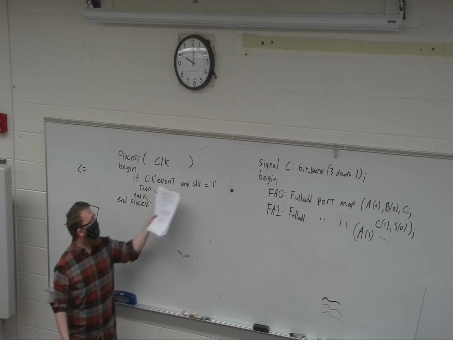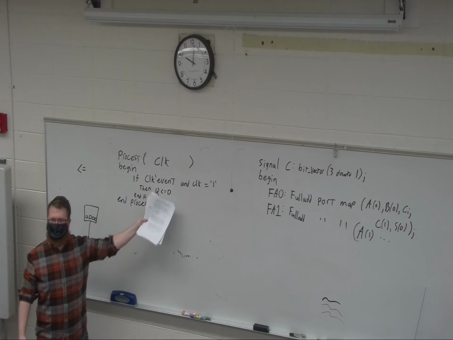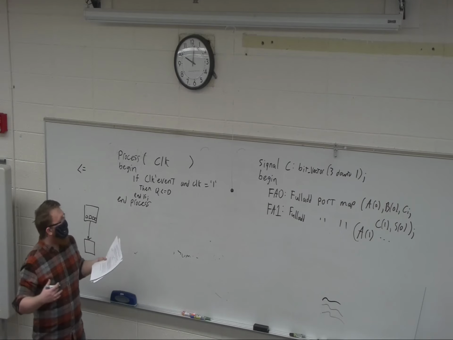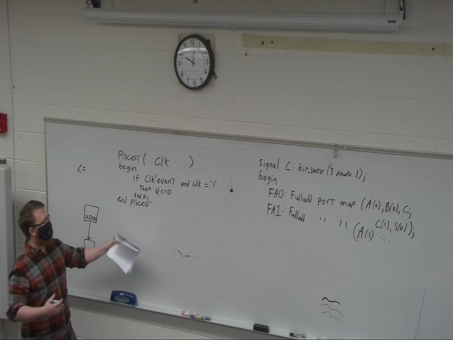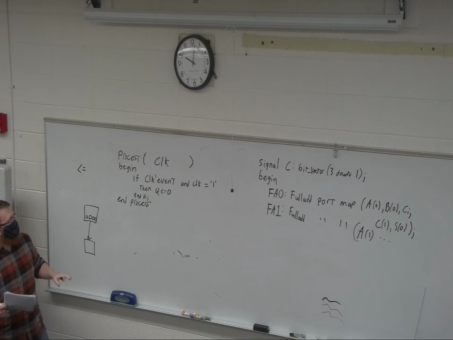So it's done the process, it looks 1, then Q is equal to D. So this is just a simple flip-flop, right? It's update the output with whatever the input is. This is a process of a flip-flop. This code will probably work. Might have a typo somewhere in there.